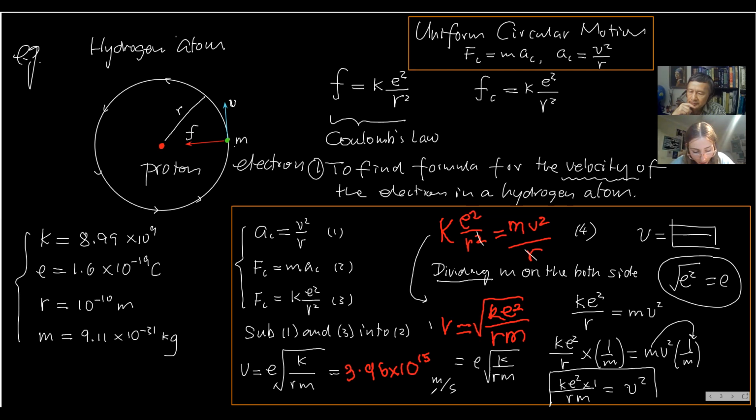So I had 8.99 times 10 to the power of 9 for k. And then I had that over 10 to the power of negative 10 times 9.1 times 10 to the negative 31. That's the denominator, right?